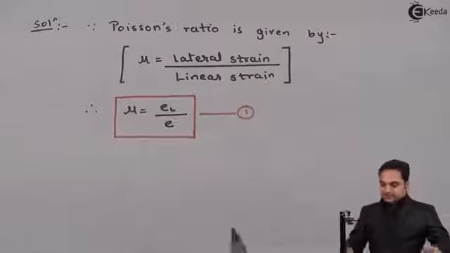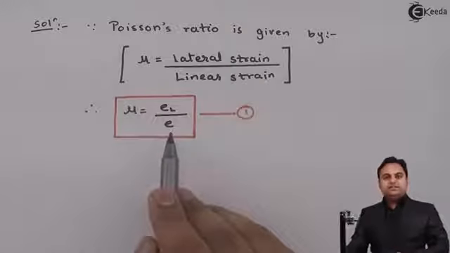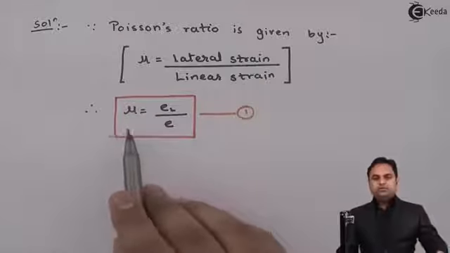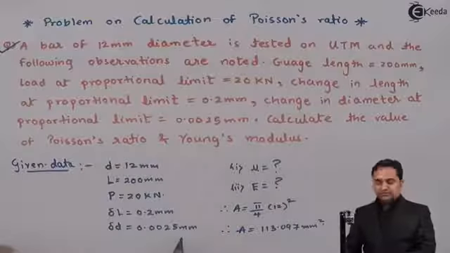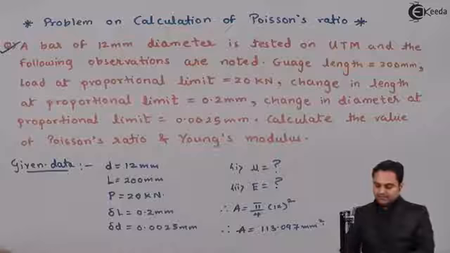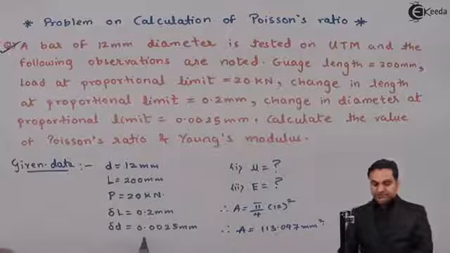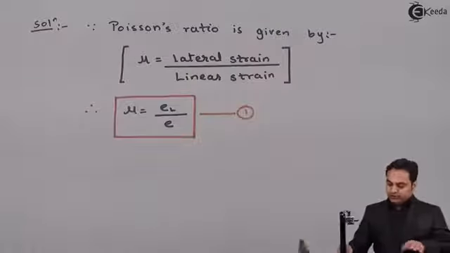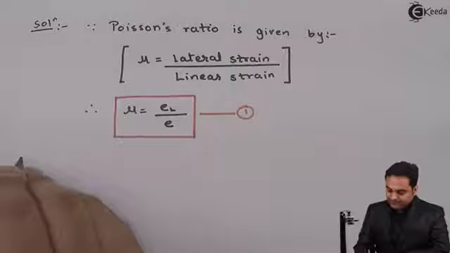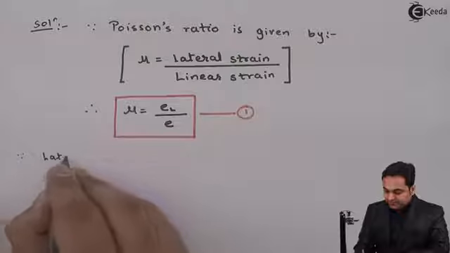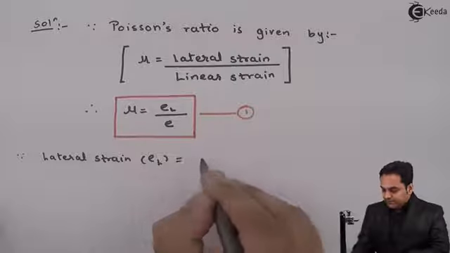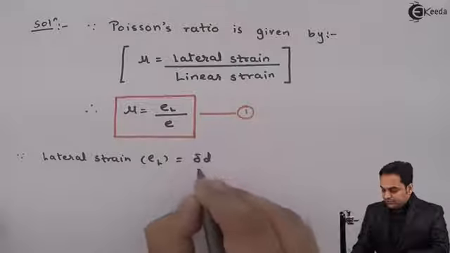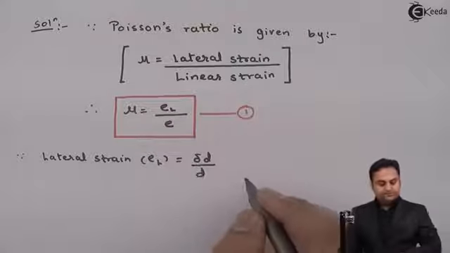Now, since we have to find out lateral strain and linear strain so that we can calculate mu, for lateral strain, it will be change in the lateral dimension, and that lateral dimension is delta D. So lateral strain E suffix L is equal to change in diameter upon the original diameter.